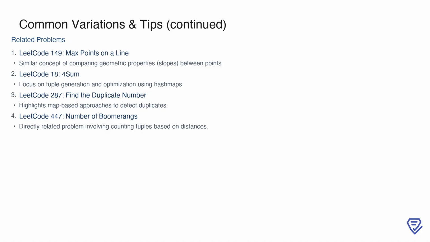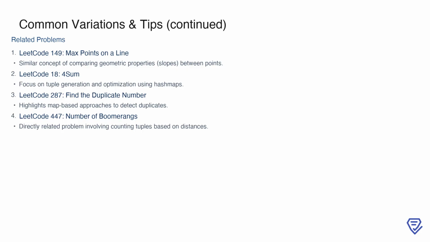To deepen your understanding, let's look at related problems. LeetCode 149, Max Points on a Line, shares a similar concept as it involves comparing geometric properties, specifically slopes, between points. Another related problem is LeetCode 18, 4Sum, which focuses on generating tuples and optimizing their computation using hash maps.